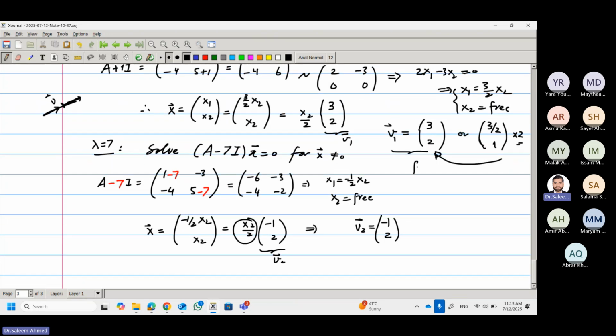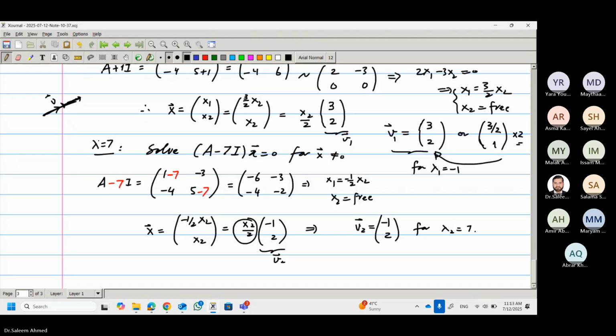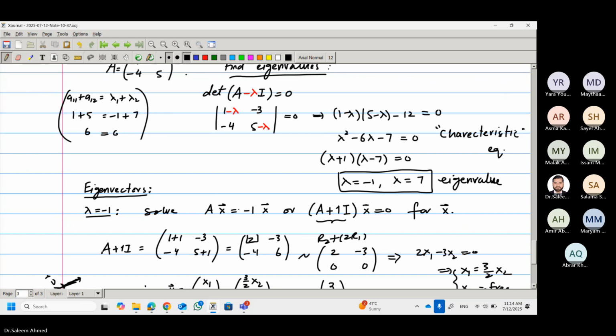So V1 for lambda 1 equal to minus 1, V2 for lambda 2 is equal to 7. So any questions so far?